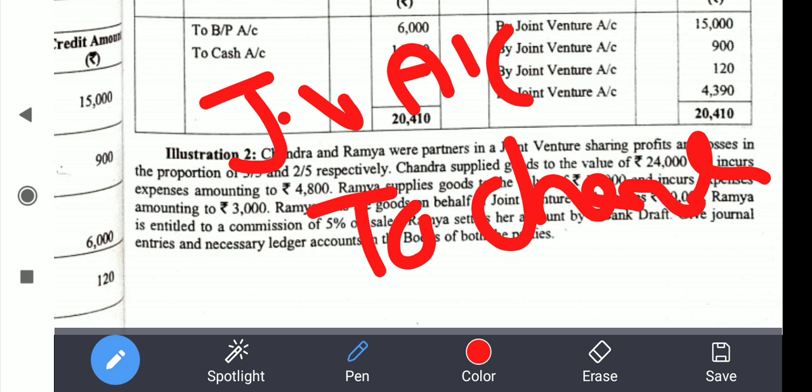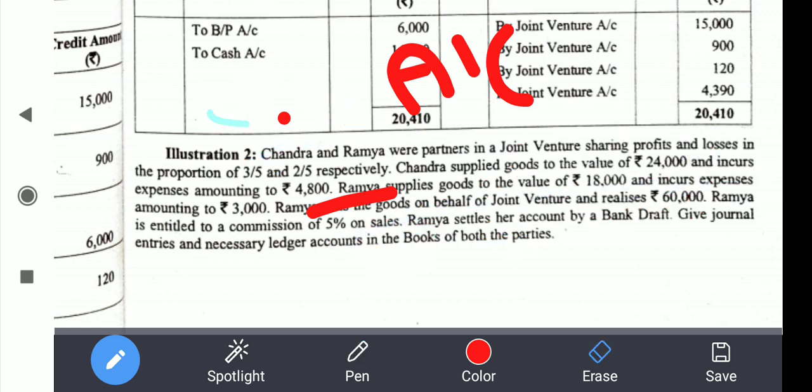Then goods supplied by whom? Ramya. First Chandra supplied and expenditure incurred. Then Ramya supplied the goods for the value of rupees 18,000. Please tell me the journal entry. If the goods are supplied by Ramya, what is the journal entry? Anyone? Please tell me.